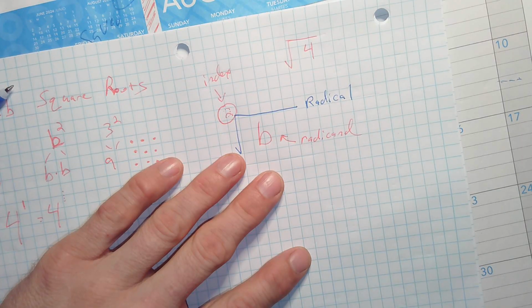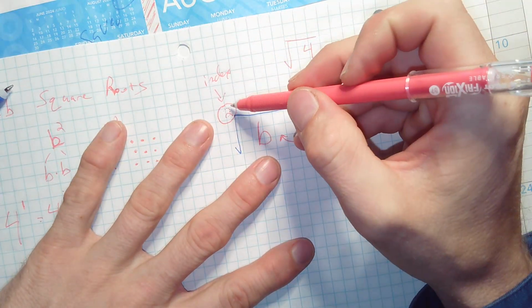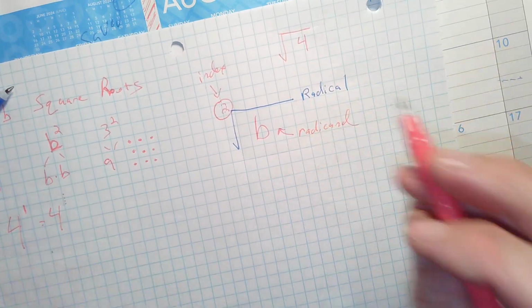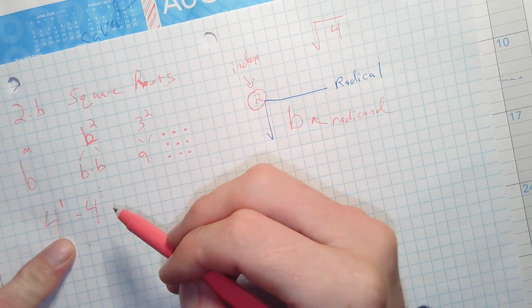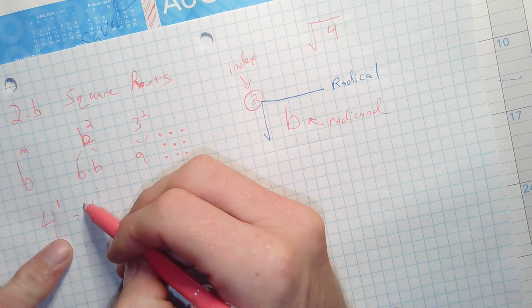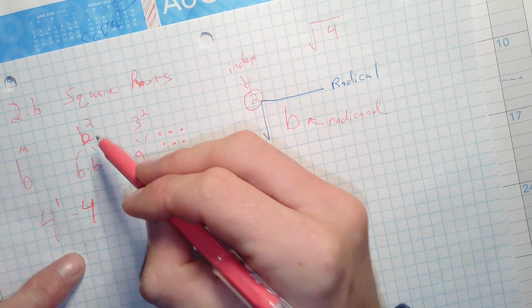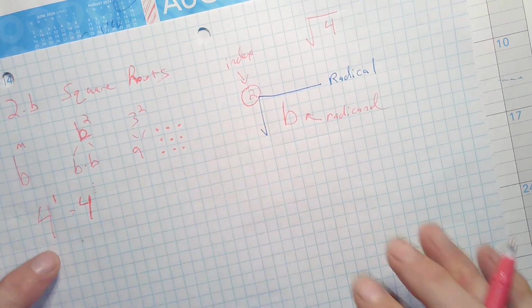Okay, so let's talk about this a little bit more. Like I said, this is the radical, this is the radicand, and this is the index. Remember, a perfect square is the result from a whole number, a number without any decimal or fraction next to it, being squared. Remember our table from yesterday?